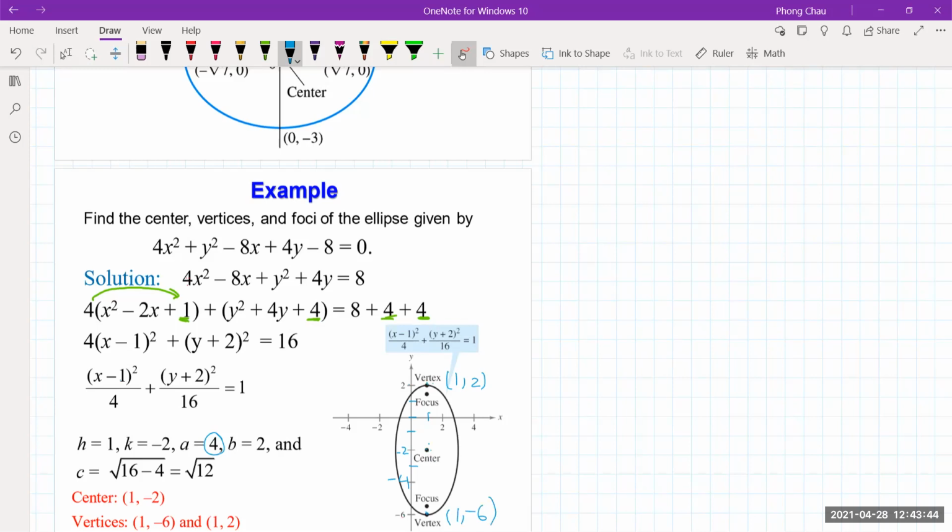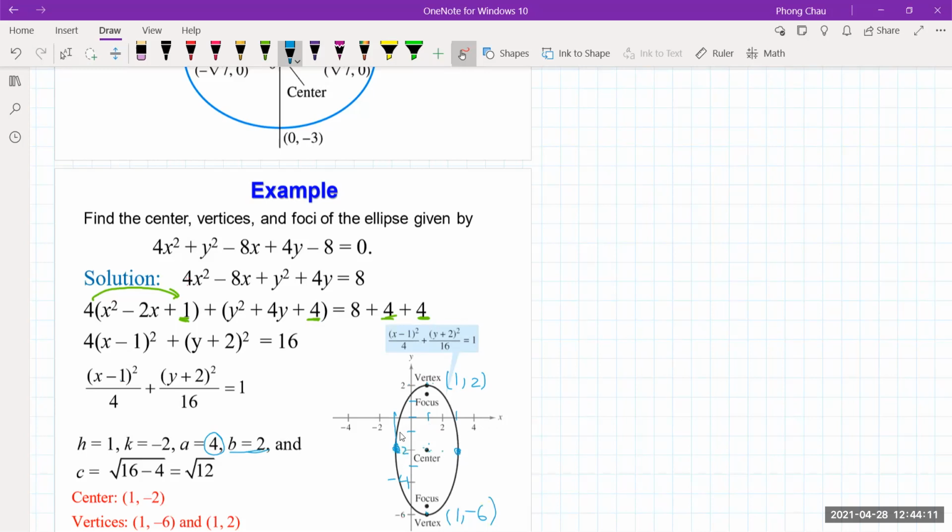Now, when you locate the vertices, from the center, you want to plot the points where b equals 2. So you go 2 units to the right, you get this point, which is now at 3, and 2 units to the left, and now it will be at -1. Okay, 1, 2, 3, 4.